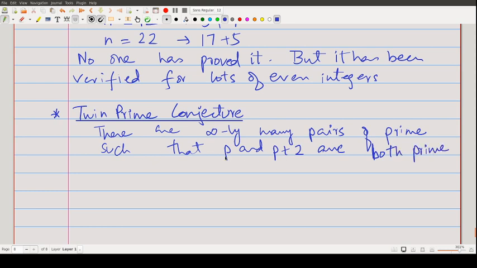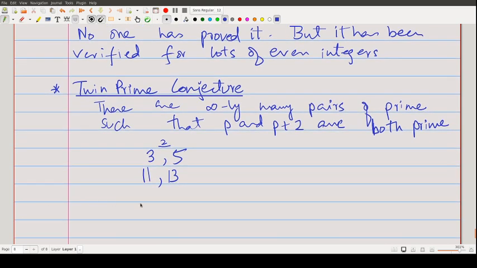That is, they're just separated by 2. For example, we know that 3 and 5 are prime, and their difference is just 2. We also know that 11 and 13 are prime. If you notice, these numbers get more and more separated, but every now and then you do encounter 2 primes that are just separated by 2.